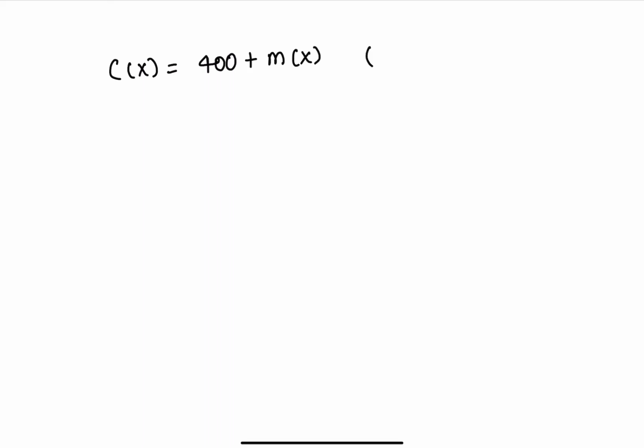And I know that when I produce 20 units, it costs me $5,000. So my 5,000 is the cost and the number of units, x, is 20. I'm going to plug in: 5,000 is equal to 400 plus m times 20.